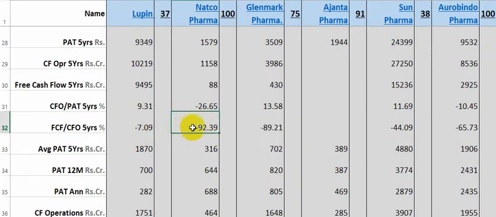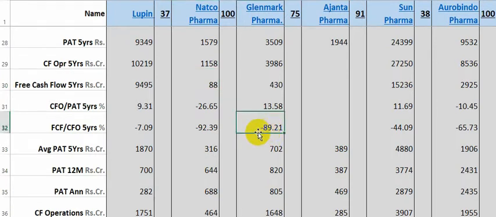Natco Pharma's free cash flow has fallen by 92%. The company had earned cash of 1158 and the free cash flow lying with the company is just 88 CR. That is, 92% of it has been spent on investment activities. Let us look at Glenmark.